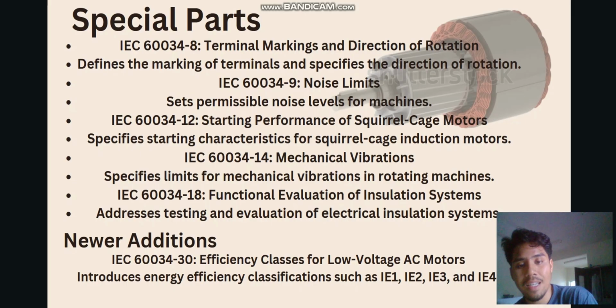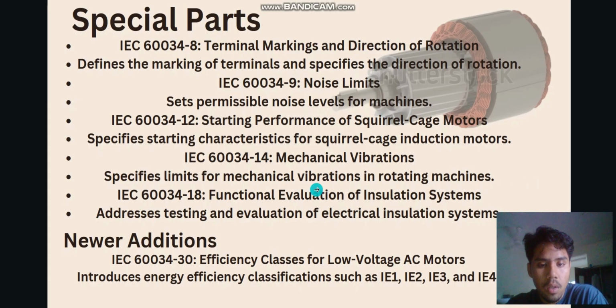It specifies starting characteristics for squirrel cage induction motors. And next, for the special part, we have IEC 60034-14. It covers mechanical vibration, specifying limits for mechanical vibration in rotating machines.